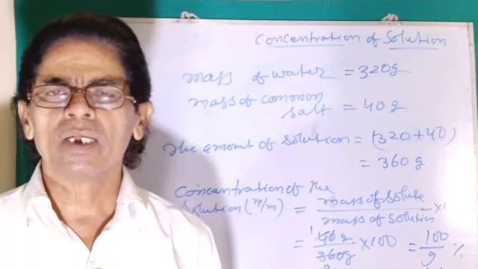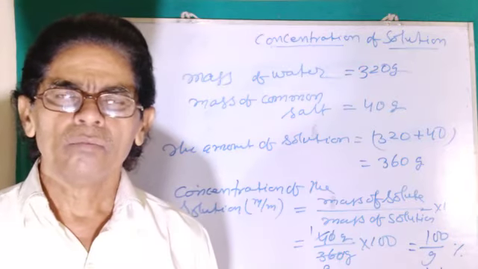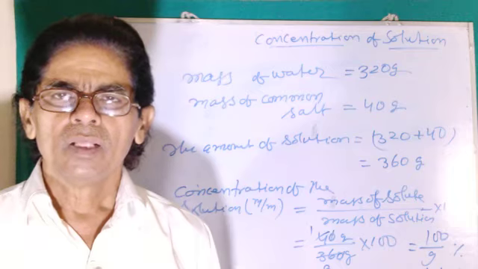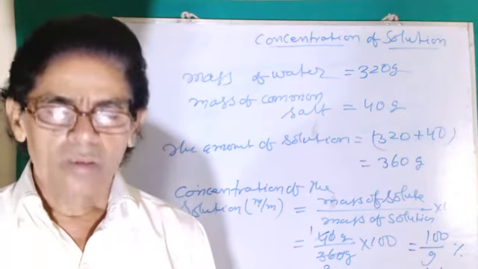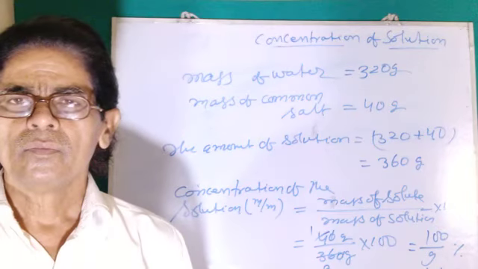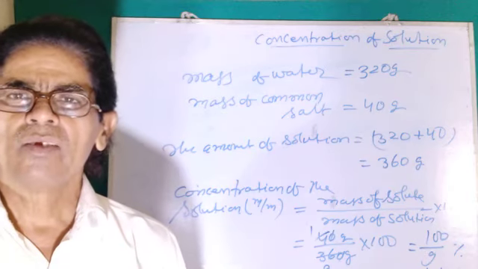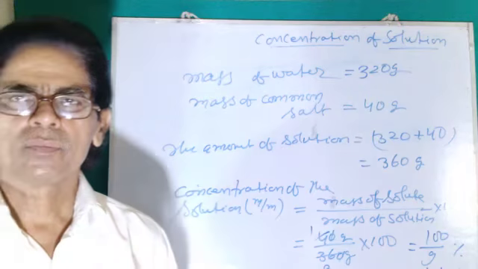So it is considered as a stable solution, or it is considered as the solution whose particle size is smaller than the size of the pores of the filter paper.